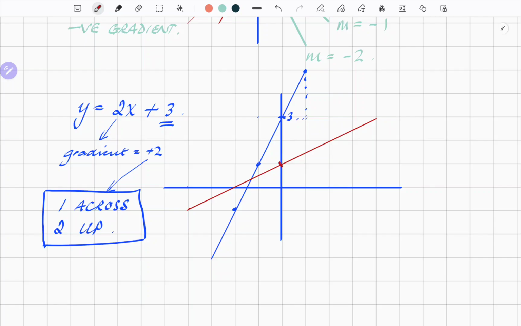On the graph, let's say I can read that it crosses the y-axis at 1. So I know the equation is going to be of the form mx plus 1. In other words, the c bit I already know because I know where it crosses the y-axis. What I need to find is my gradient.